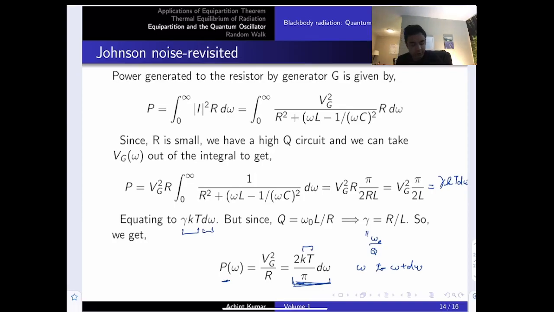So Johnson noise is basically equivalent to black body radiation. We use the same methodology. The idea is the same. It's just that black body radiation is in 3 dimensions. Johnson noise is in 1 dimension.